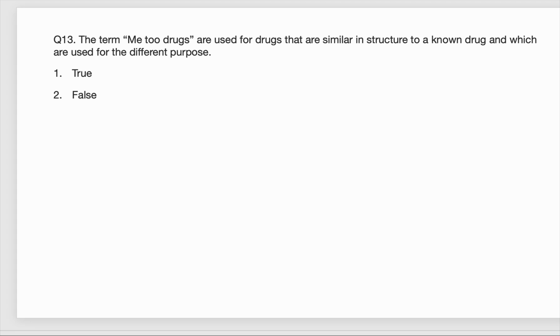We discussed Me Too drugs thoroughly during the start of our lecture. The term Me Too drugs is used for drugs that are similar in structure to a known drug. If you remember, in our starting class, we discussed what Me Too drugs are.